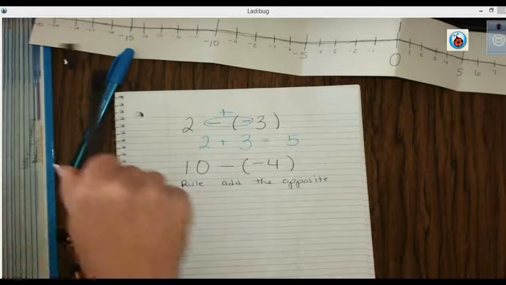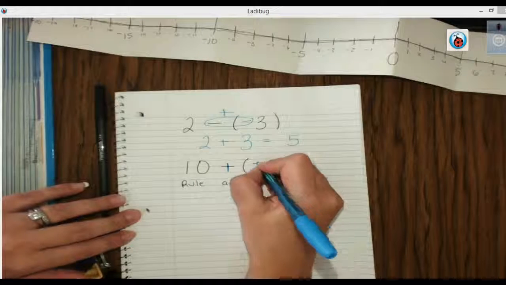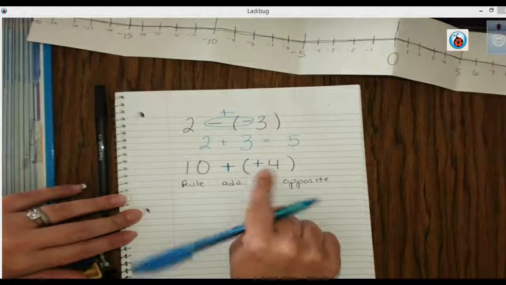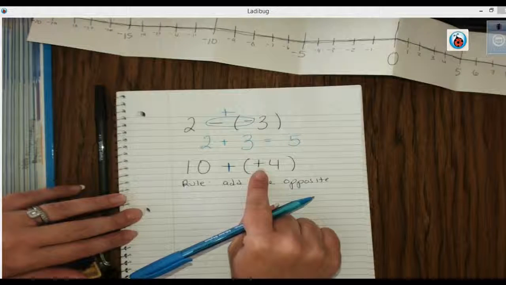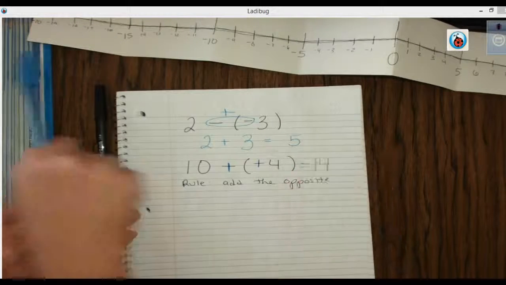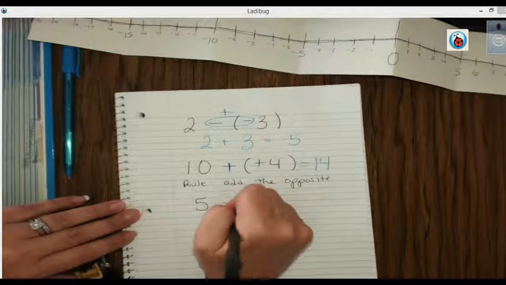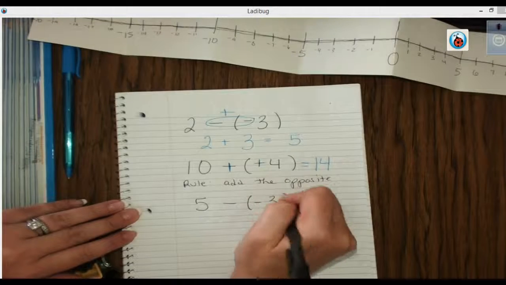If we add the opposite, that means this becomes a plus, and the opposite of the negative 4 is a positive 4. Yes or no? Yes. Wouldn't this equal 14? Yes.